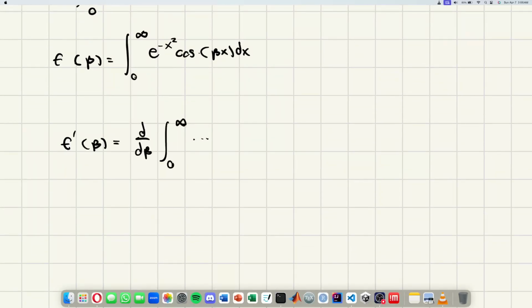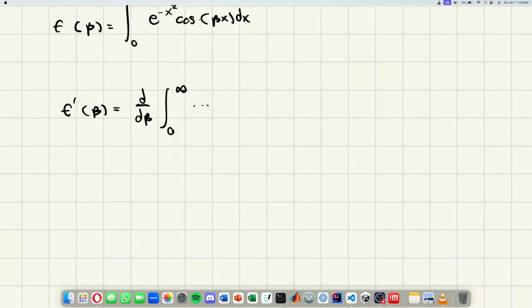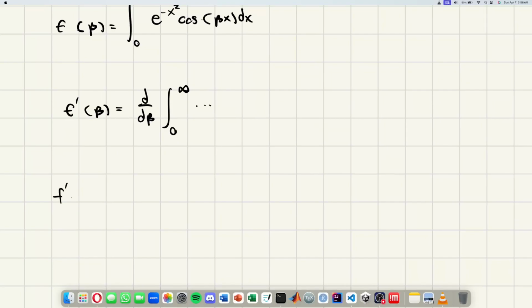So the only issue we have here is that we're trying to differentiate this integral with respect to beta, but our integral is dependent on x, but then we also have beta. So what do we do? Well, we use a partial derivative from multivariable calculus. And so if we remember what the partial derivative is, it means that anything that's not the dependent variable, which in our case is going to be beta, we are going to treat as a constant.